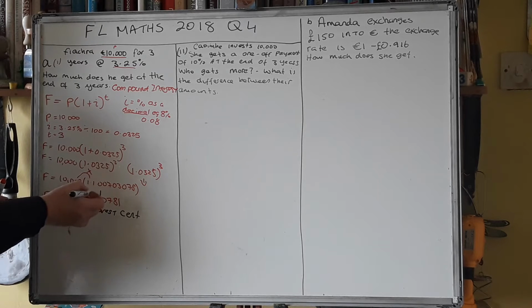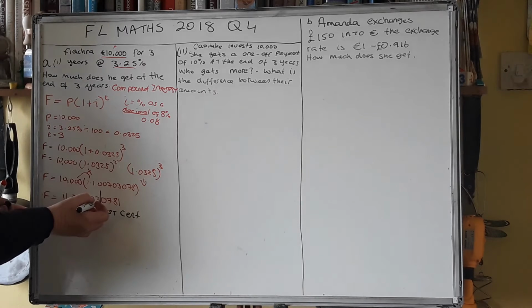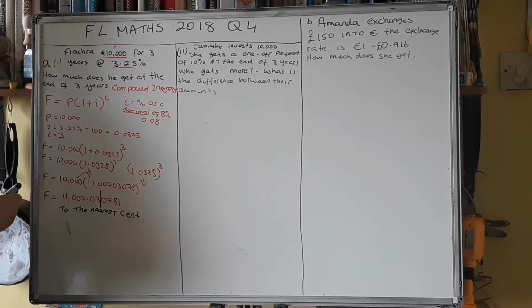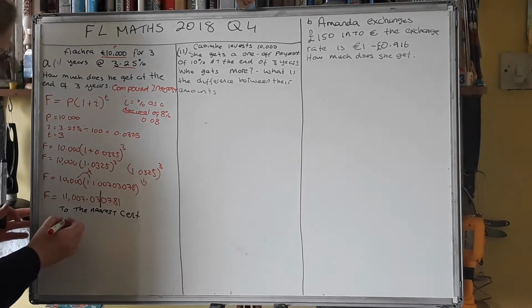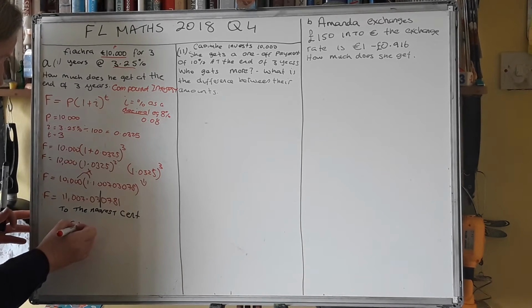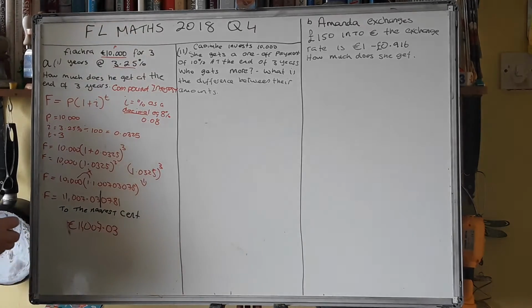If it's a 5, 6, 7, 8 or 9, it adds 1 to the number before. If it's 0, 1, 2, 3 or 4, then it leaves the number alone. That's a 0. So your answer to the nearest cent is going to be 11,007 euros and 3 cents. And that's your answer for that part.